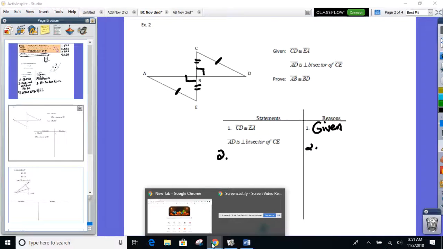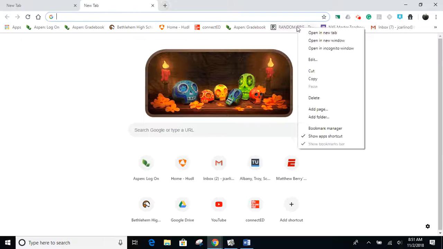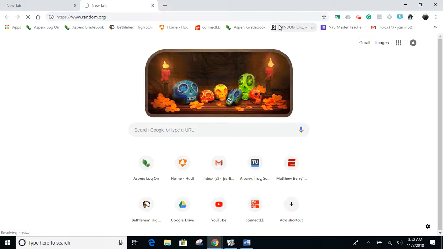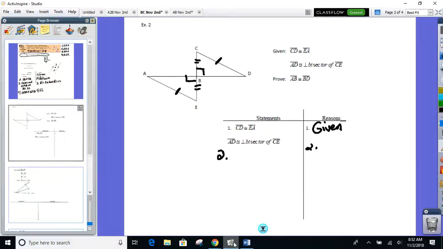All right, hold on. I got to start asking people. It's your lucky day, not coming up, so I'm just going to pick numbers now. 12. What's the first thing we got to put in? CD is congruent to BE. Reason?